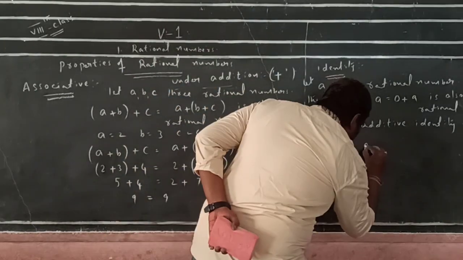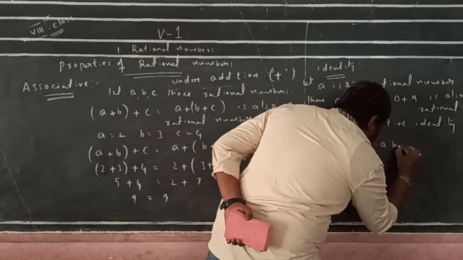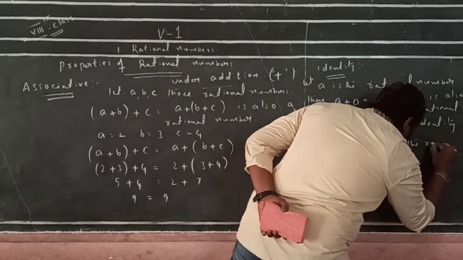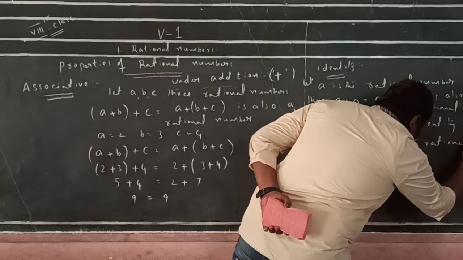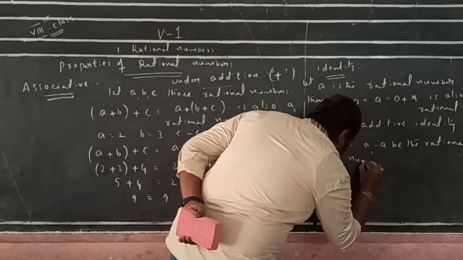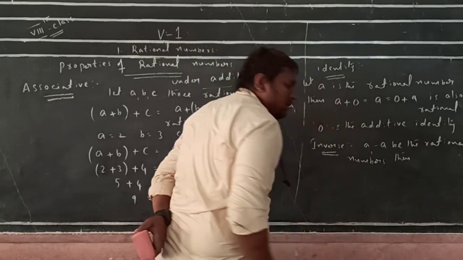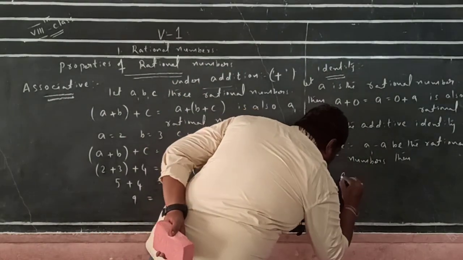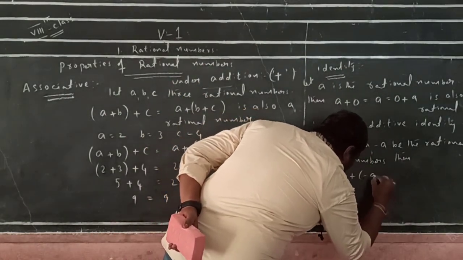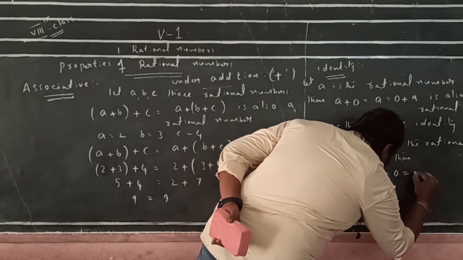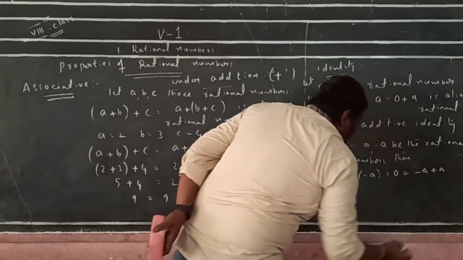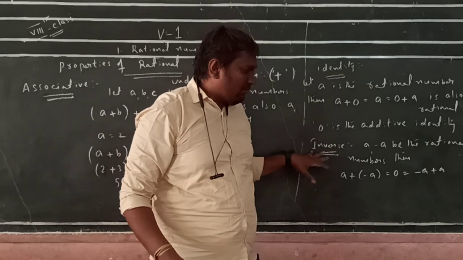Let A and minus A be rational numbers. Then A plus minus A is equal to 0, and minus A plus A is 0. This is the condition of the inverse.